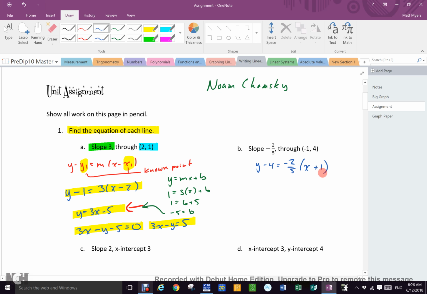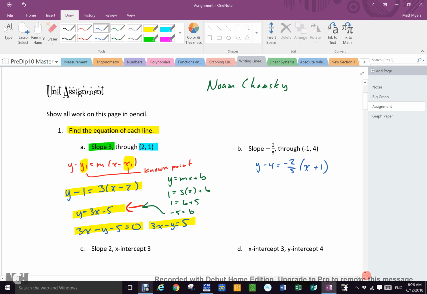If you didn't like to do it that way, you would have done it in slope-intercept form, which would have been negative 2/5 x minus 2/5 plus 4, 3 3/5, or 18/5. But I'm trusting that none of you did that. Okay then.